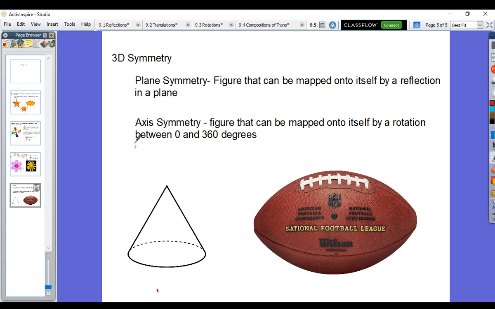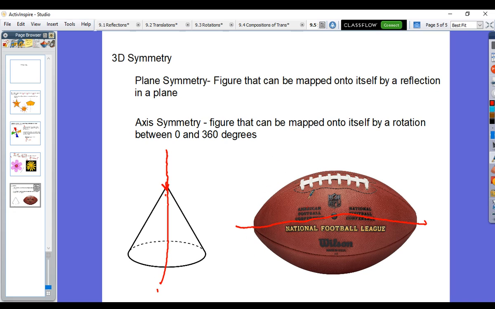Now, axis symmetry is if I'm able to rotate it. So, for example, this does have axis symmetry on one axis, this y-axis right here. If I were to spin it in a circle around this line, you'll get the exact same shape still. Same thing with the football. If you were to hold the two ends of a football and just spin it, you still keep that same football shape.